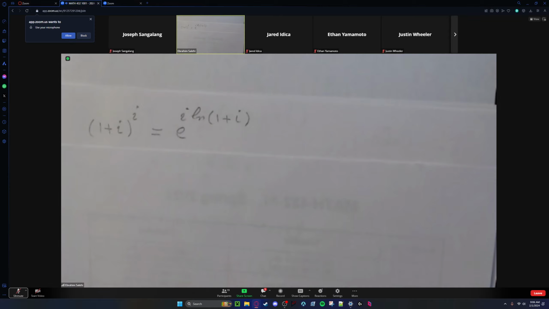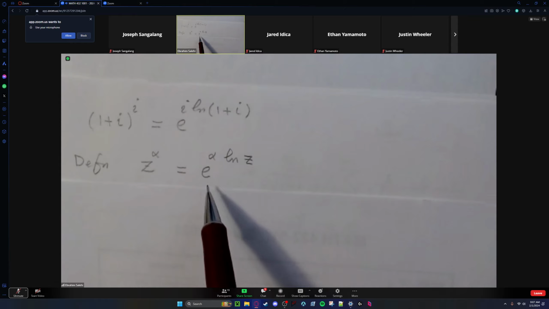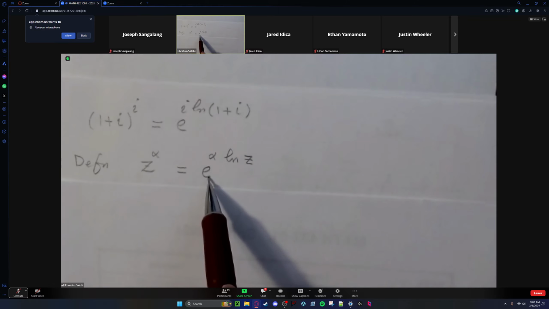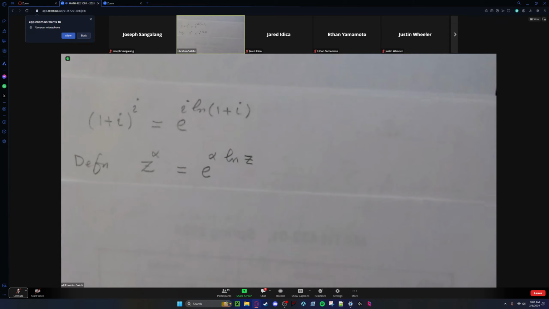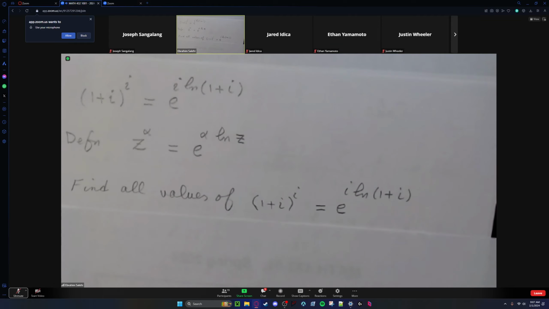How do we define this? Well, we will follow the same thing that we did in calculus. After learning the exponential function, we define z to the alpha to be e to the alpha logarithm of z. Okay, good. This is called general exponential function.